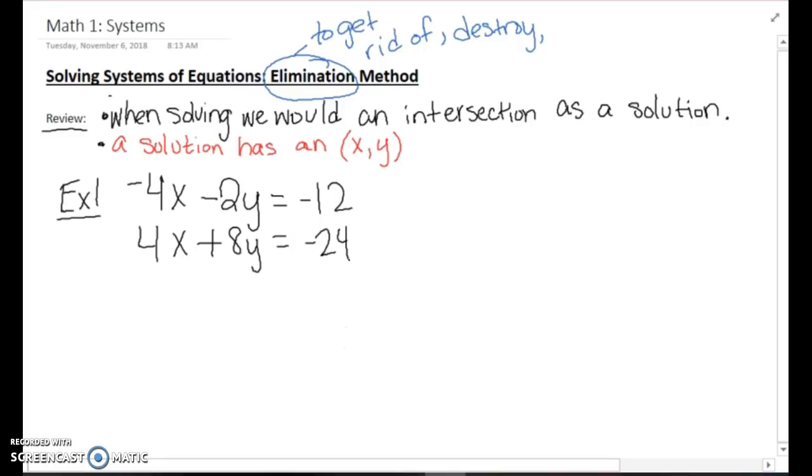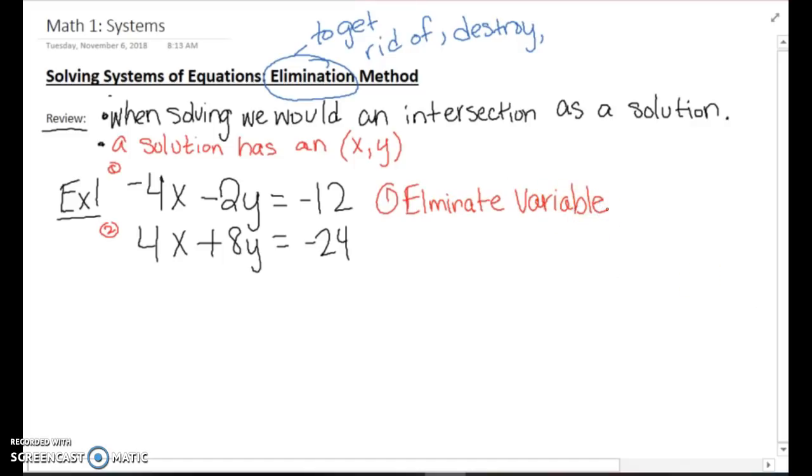So we're going to do the first example, and write down these examples in your notebook. All right, so this is example number 1. If we look at this, it is a system of equations because it has two equations. Here's the first equation, here's the second equation. And we want to eliminate a variable. We want to eliminate a letter. First step, eliminate a variable.